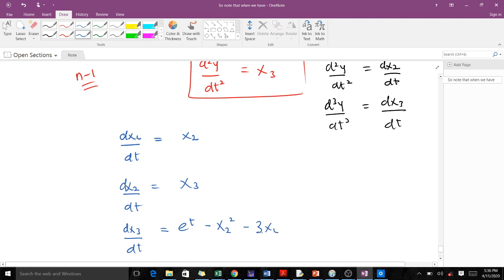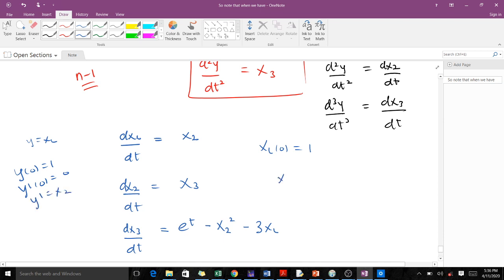The last thing to do is to get our initial condition. You realize that the initial condition given was y of 0 was equal to 1. But remember, y is the same as x1. So here we have x1 of 0 is equal to 1. The second initial condition was y prime of 0 was equal to 0, and y prime is the same as dy/dt, and the same as x2.